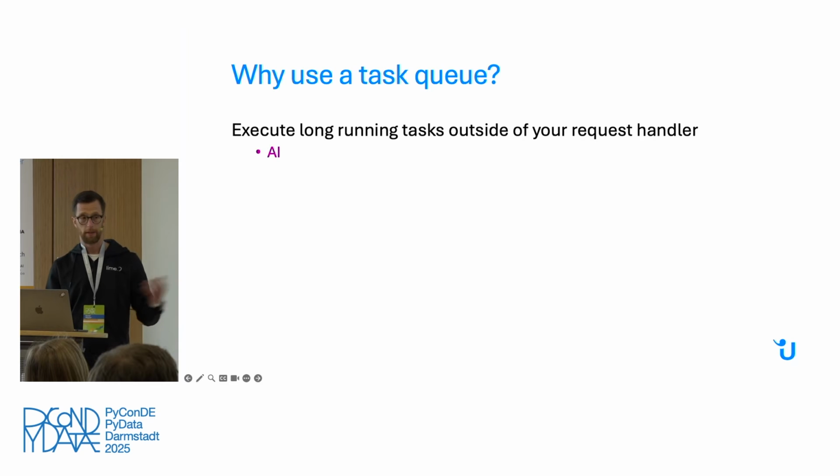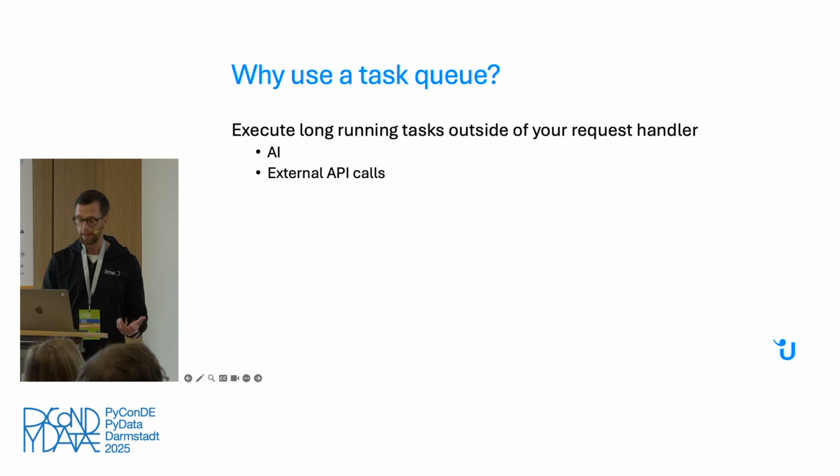So AI, obviously, which in the context of a web application is an external API call, and external API calls in general are prone to be slow or can be unpredictable, especially when you talk with external systems outside of your control.